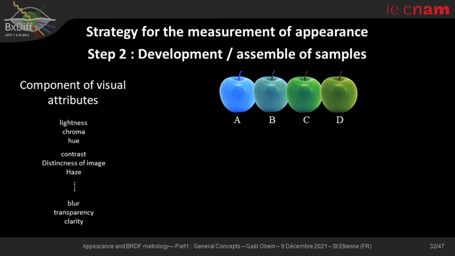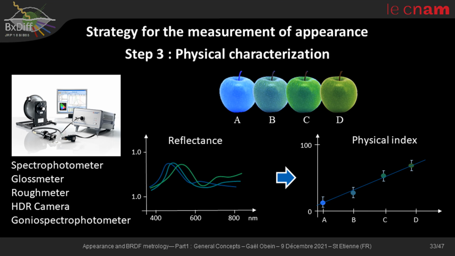So the first thing for this is that I have my different samples. I can do all the measurements that pop into my mind to try to characterize the difference on this scale. For instance, I will use a spectrophotometer, a gloss meter, a Rhopoint meter, a camera, a gonio-spectrophotometer, whatever. Try to find a physical characterization that can allow you to separate those different samples you have developed.